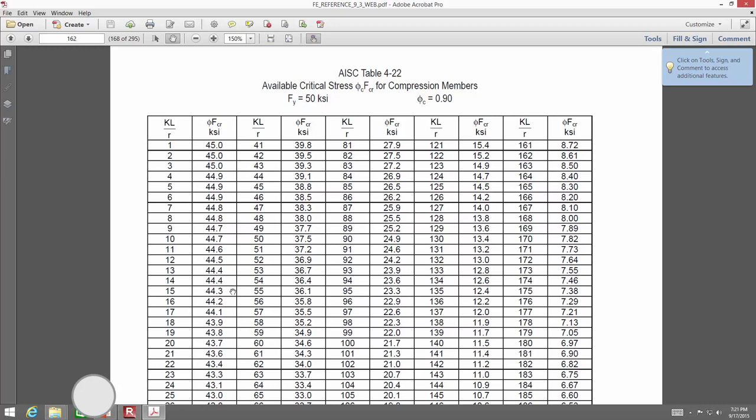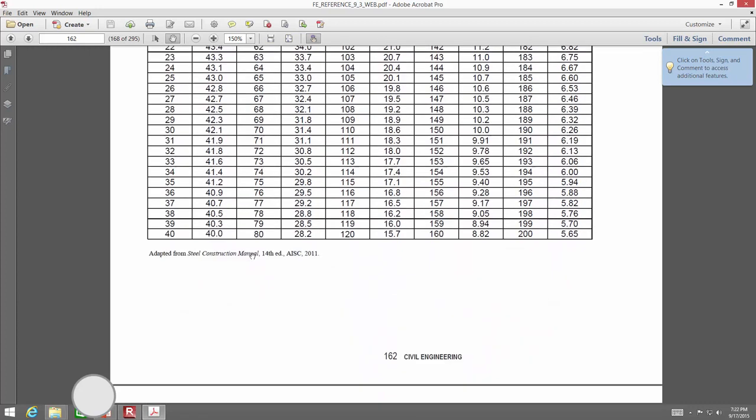Take the factored stress, multiply it by the area, and there's your column capacity. The reason why I mention this: if you got a problem that says how strong is this column, don't use the equations, use this. It's a whole lot quicker, okay? I mean, it is a timed test, so any edge that you can have on time, take it. So we might see if we can use this tonight depending on our examples, but we'll see.